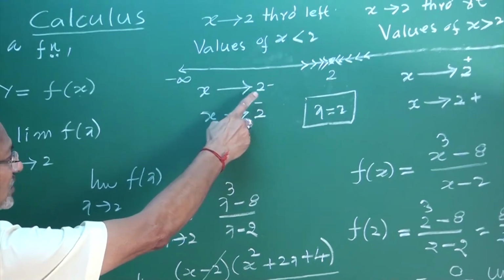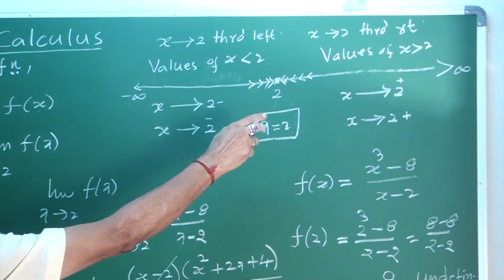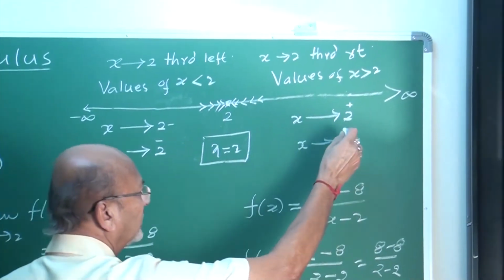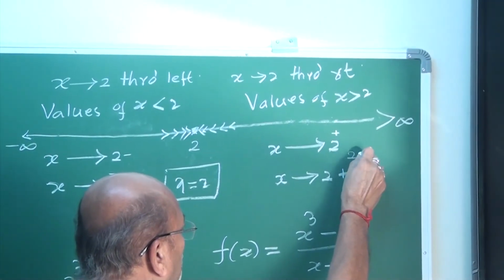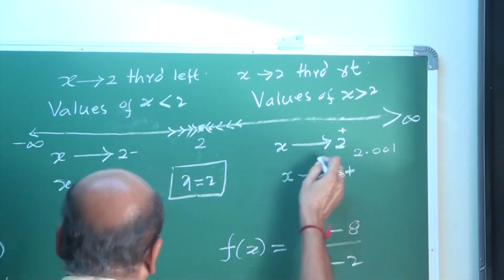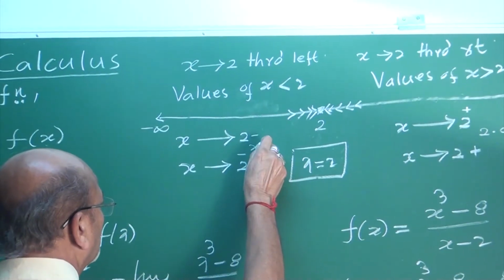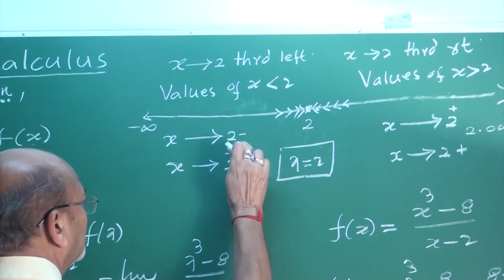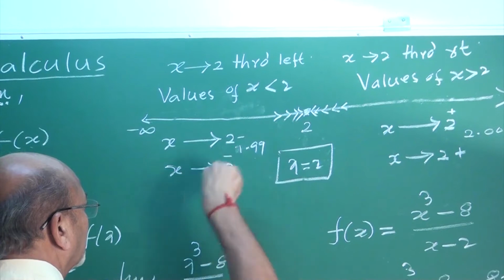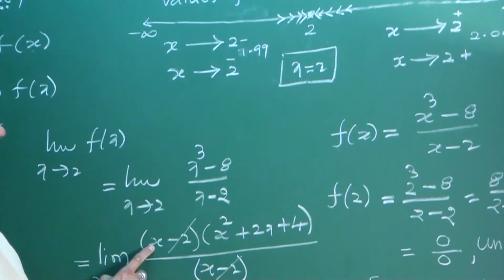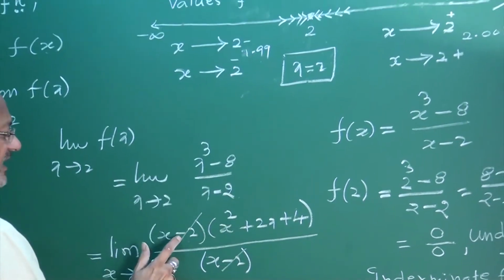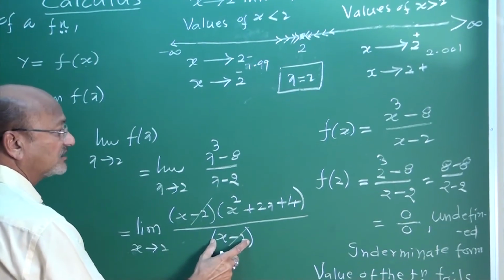What is the value of x? Not 2. The value of x is a little more, like 2.001, or a little less, like 1.99. If you take the difference, 1.99 minus 2, it is other than 0.